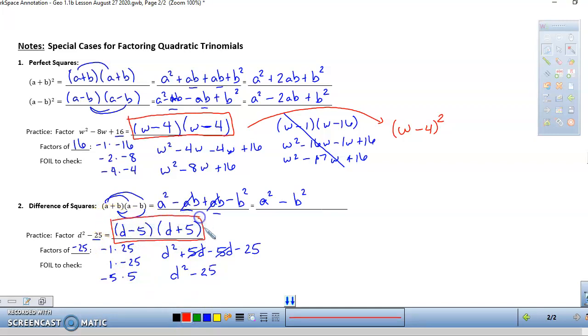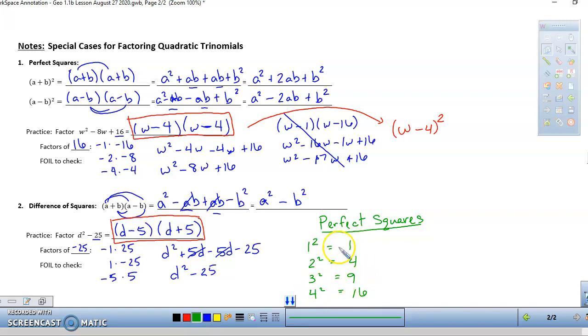Okay, so with these types of problems, to save yourself some time, it is helpful to know what your perfect squares are. So let's just write those down really quickly. Okay, so perfect squares are really easy to figure out. 1 squared is 1, that's a perfect square. 2 squared is 4. 3 squared is 9. 4 squared is 16.